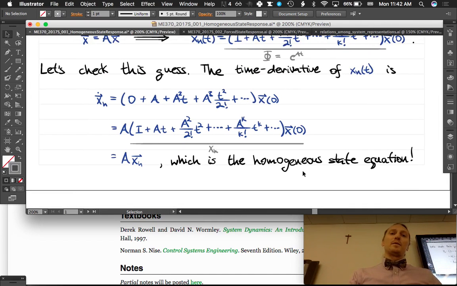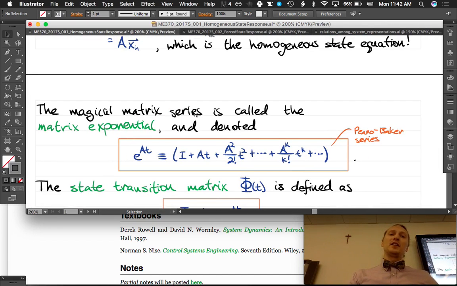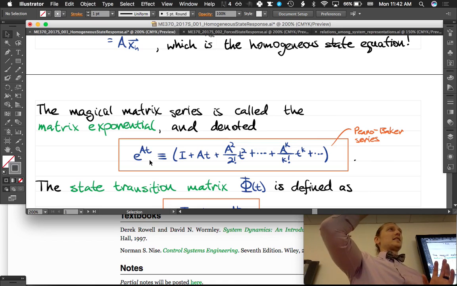Okay. So this magical matrix series that we wrote out here, we call the matrix exponential. Okay? And we denote it e to the matrix AT. This doesn't mean that you have a scalar term in each matrix that's e to the whatever that term is.